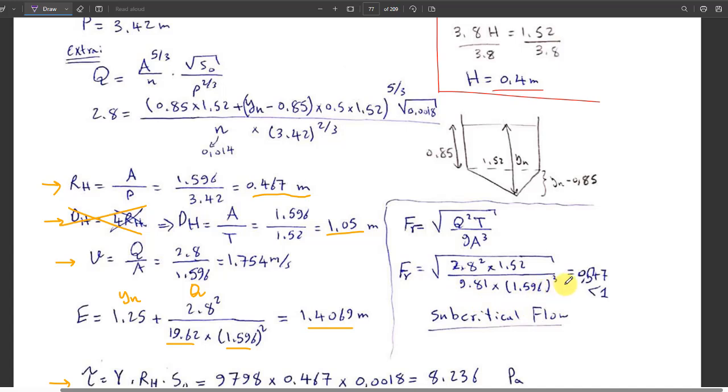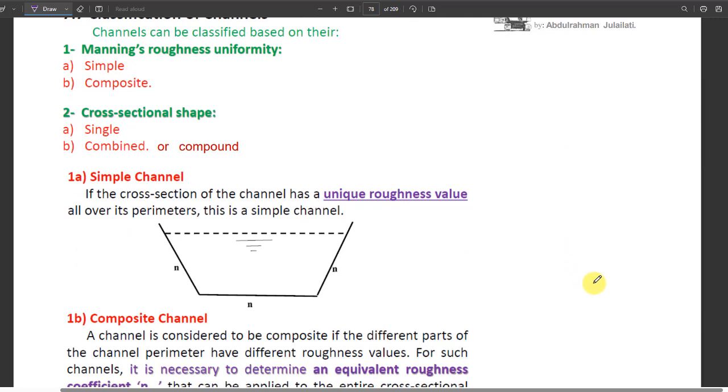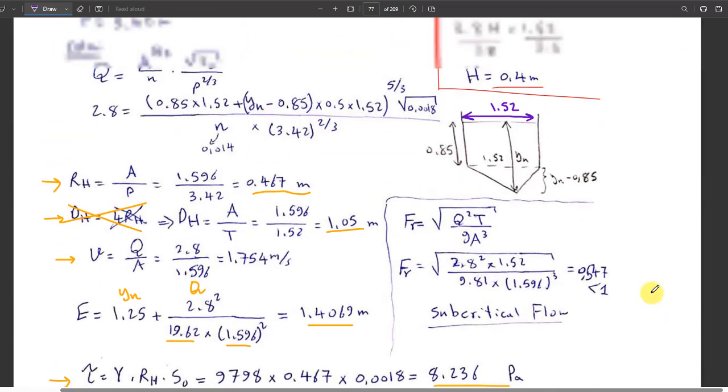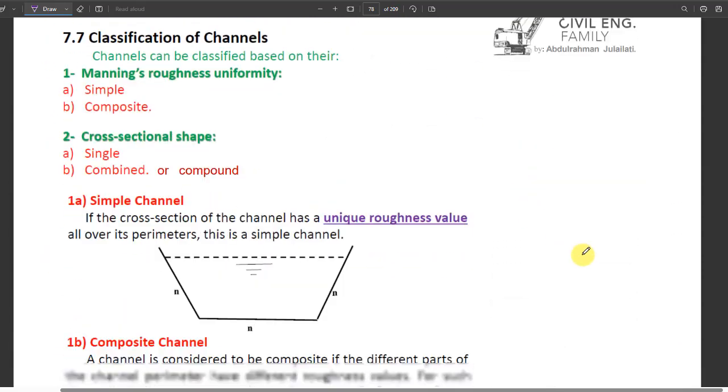We got a value that is less than 1. Therefore, it is subcritical flow. T, we found T, it was in the beginning of the question. It was 1.52. Just to remember from where we got the answers: 2.8 was the Q, and the area we got before. So that's it. Okay, so that was the whole question, and let's continue.